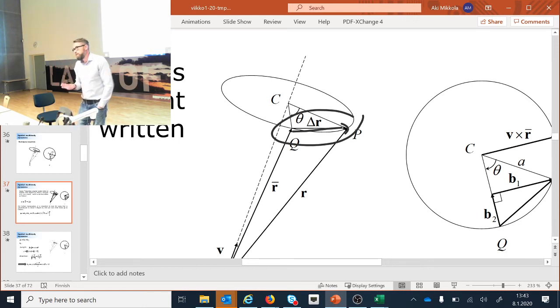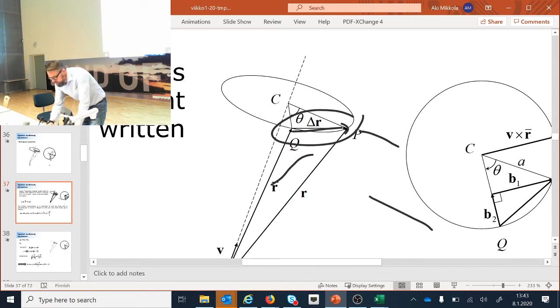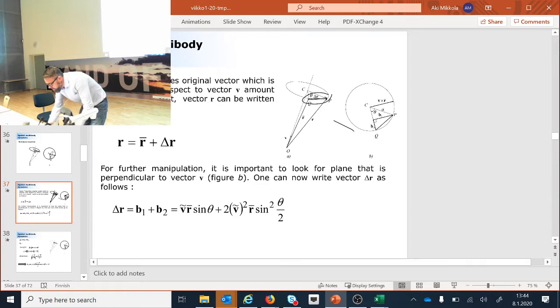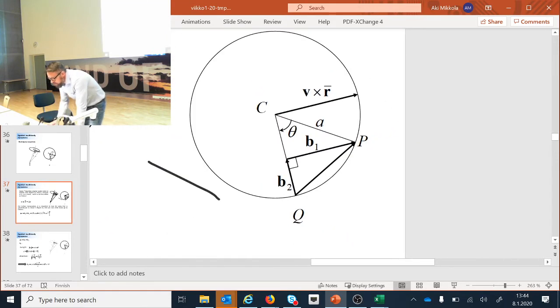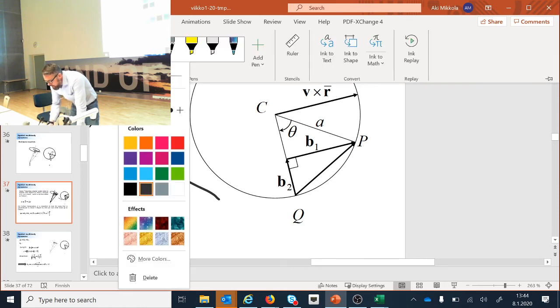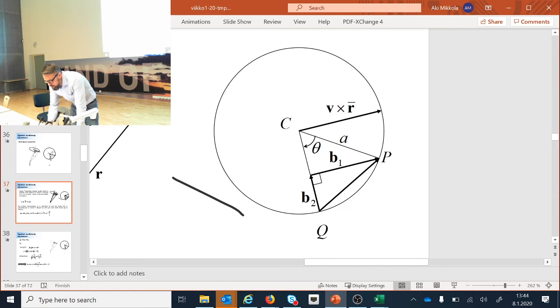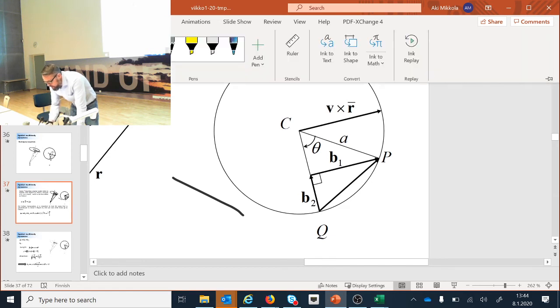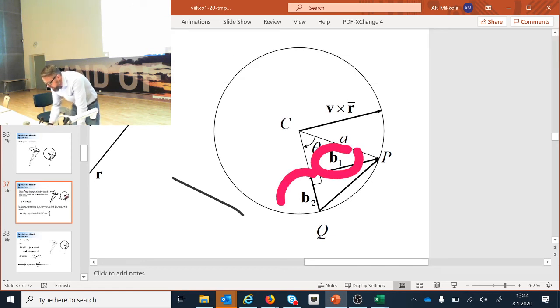To make that happen, I need to use a little bit of assisting vectors. I'm going to use two assisting vectors, and these two assisting vectors are B1 and B2.